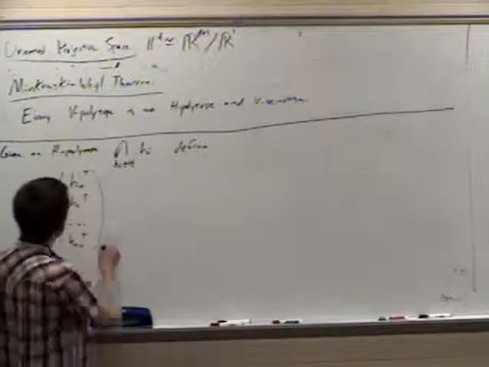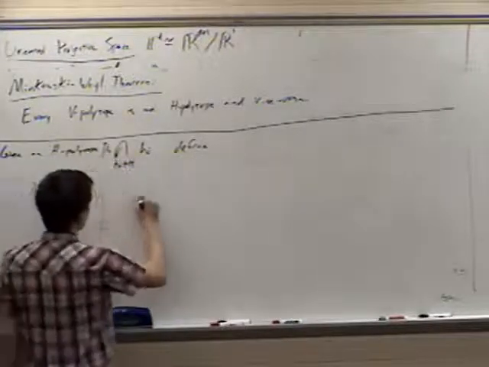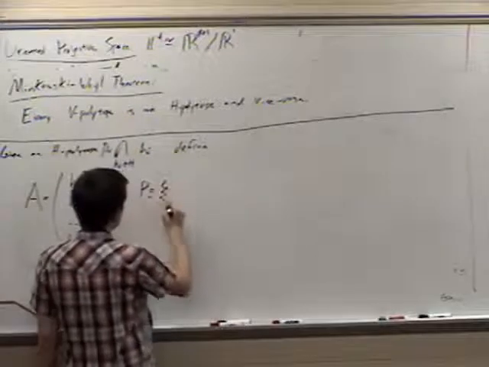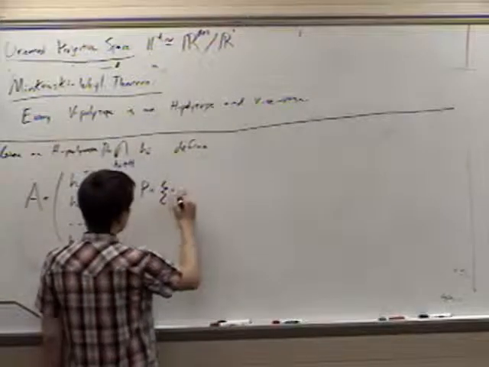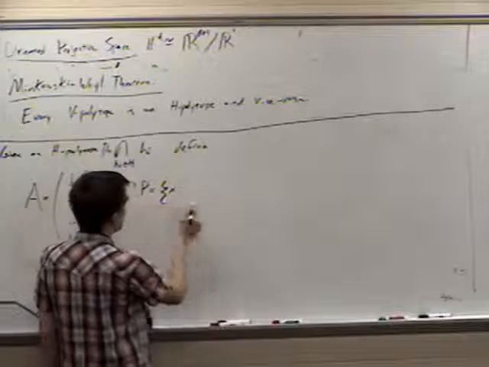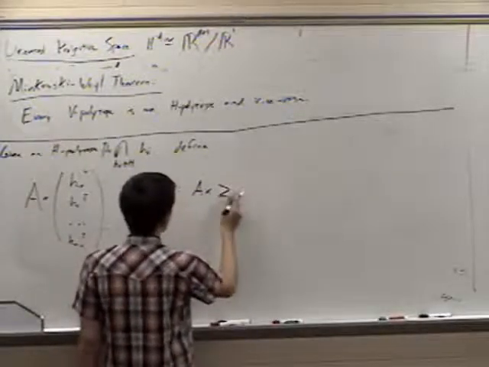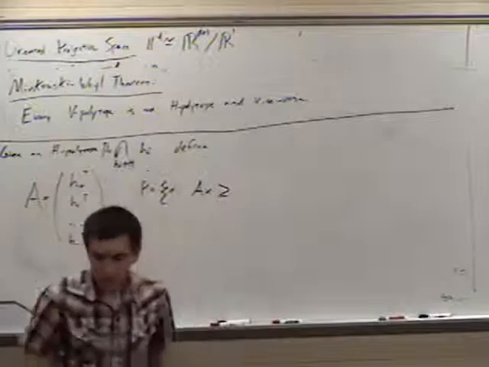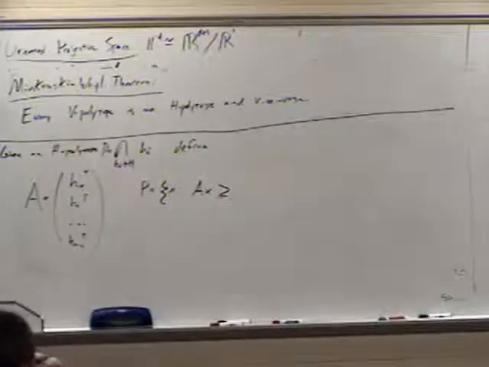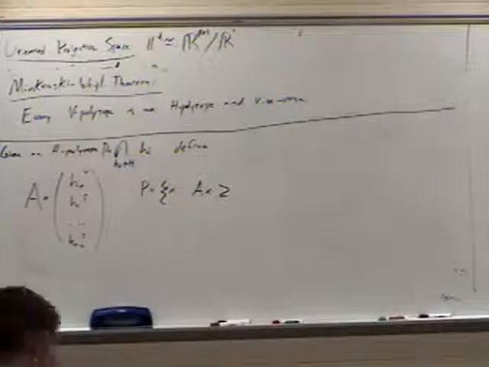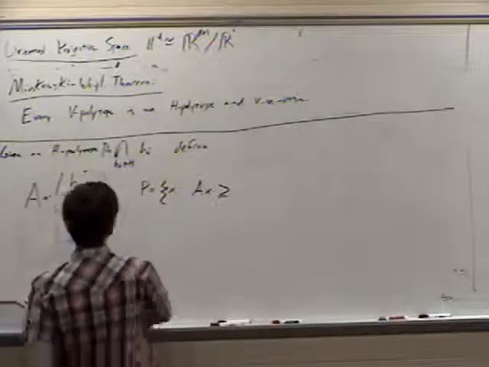So let's call this guy P. So another way that we could write P, and it's just a simple notational thing, is it's the collection of all x, such that when we take A and apply it to x, we get something which is, did I use greater than or equal to or less than or equal to? I changed this at the last minute. Such that it's less than or equal to 0. That's right.